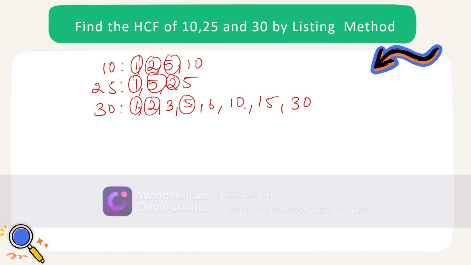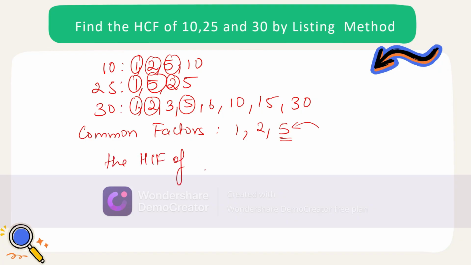After that there is nothing common. 10 is common in two numbers, but it has to be common in all three numbers. So the common factors are 1, 2 and 5, and 5 is the highest common factor. So the HCF of 10, 25 and 30 is 5.